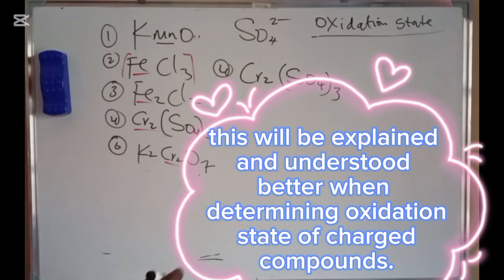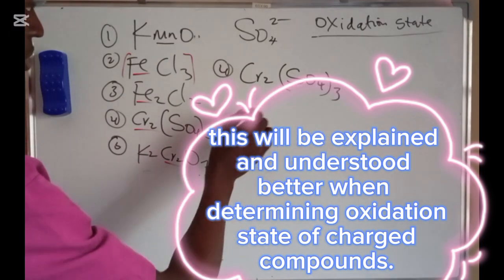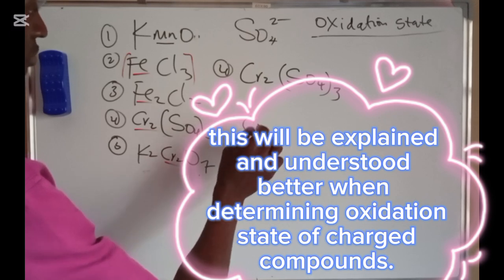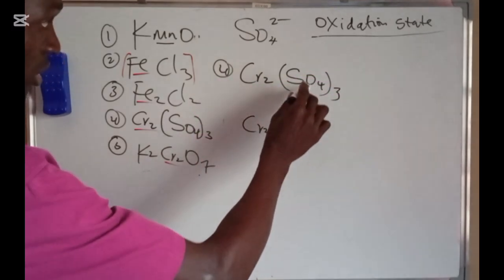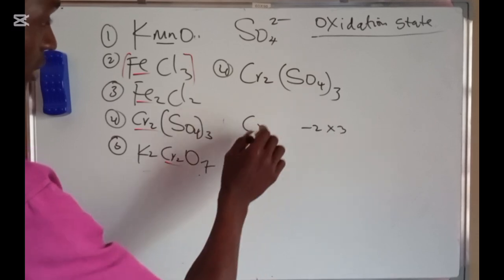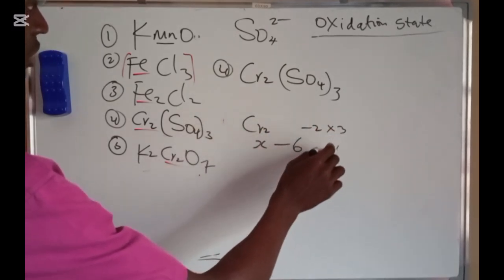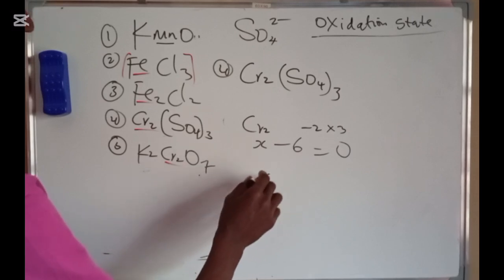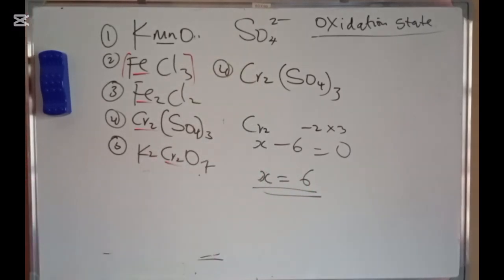You know that this one has a -2 oxidation state on its own, and that means for chromium, which is 2, then this one is -2 multiplied by 3. That is -2 times 3, that is 6, equals 0, and then x here is going to be 6, and that must be the oxidation state of chromium.